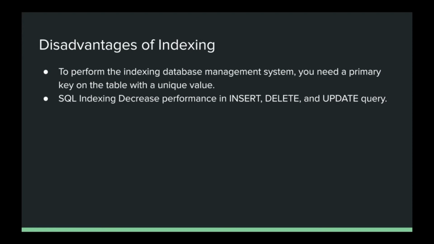If you have created an index on an auto-incremented ID, the database always knows that if a new row is being inserted, it will always be greater than the current highest value in the database. But if you have created an index on name, the database does not know what name is going to come and what the sequence of it is. So it will get that key and try to put it in that index table, and that index table will have to be updated. This is a sort of thing that is costly.